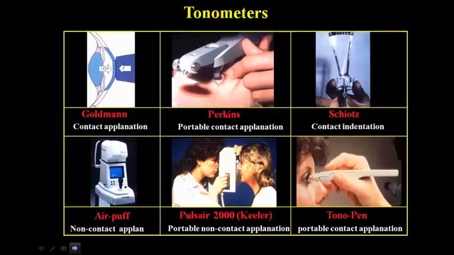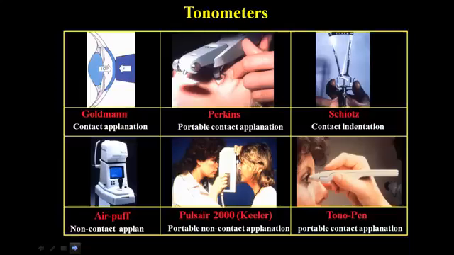Now, when we are using a contact tonometer, we have to use topical anesthesia for touching the cornea. And with the contact tonometers, there is also a risk of cross-infection. Among these tonometers, the Goldmann applanation tonometer is considered the most accurate and the gold standard for measurement of intraocular pressure clinically.